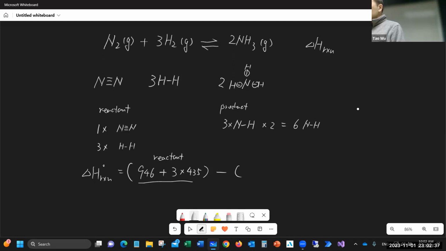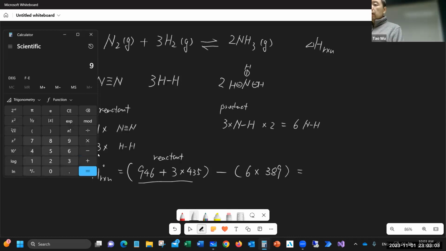You have 6 nitrogen-hydrogen bonds, so 6 times the nitrogen-hydrogen bond energy, which is 389 kilojoule per mole. The result of this will be the enthalpy of this reaction.